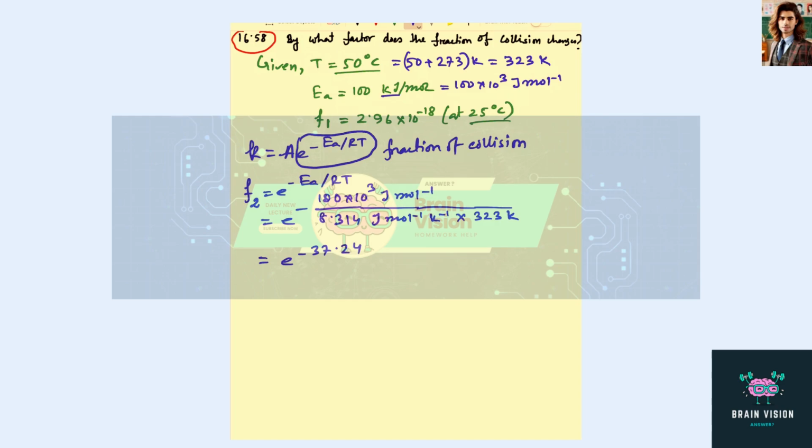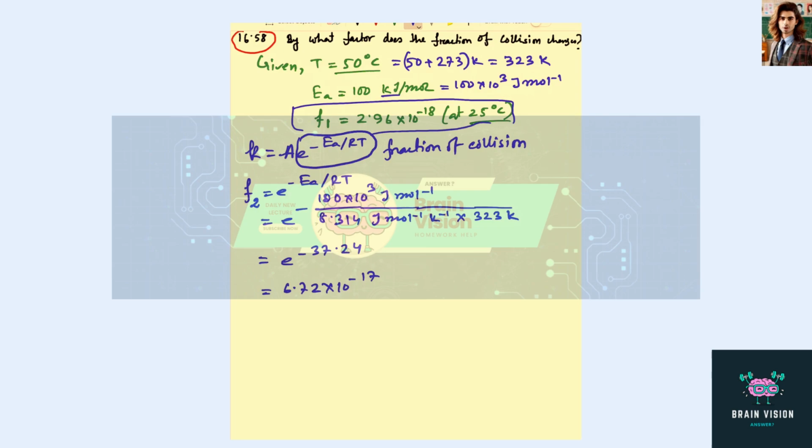This gives us exponential of negative 37.24, which is equal to 6.72 multiplied by 10 to the power of negative 7. At 25 degrees Celsius, the fraction of collision is given, which is 2.96 multiplied by 10 to the power of negative 8.